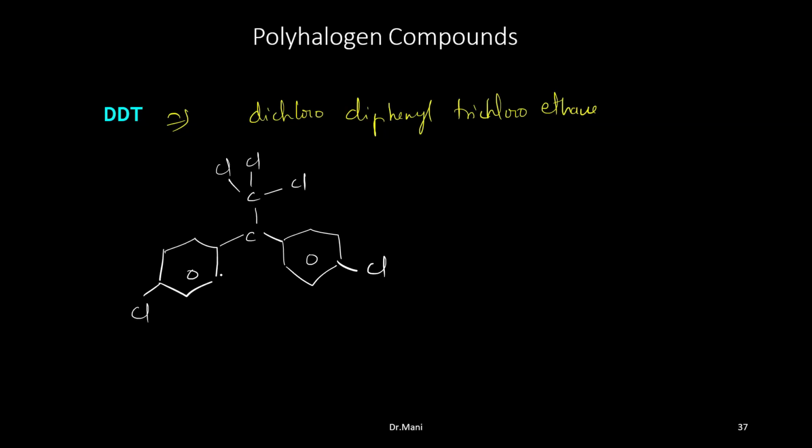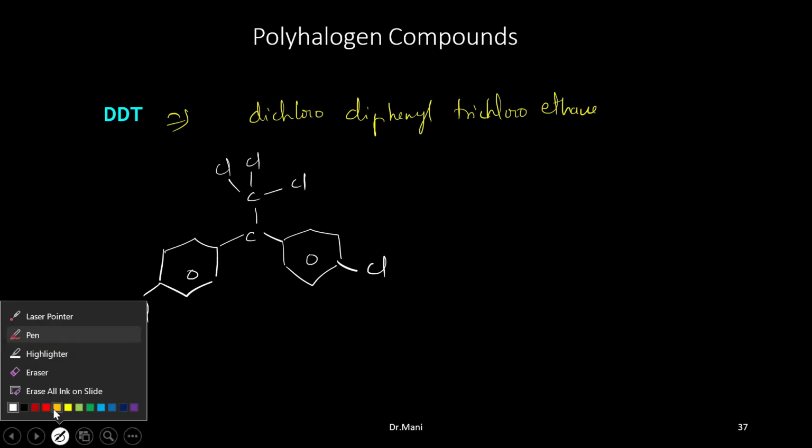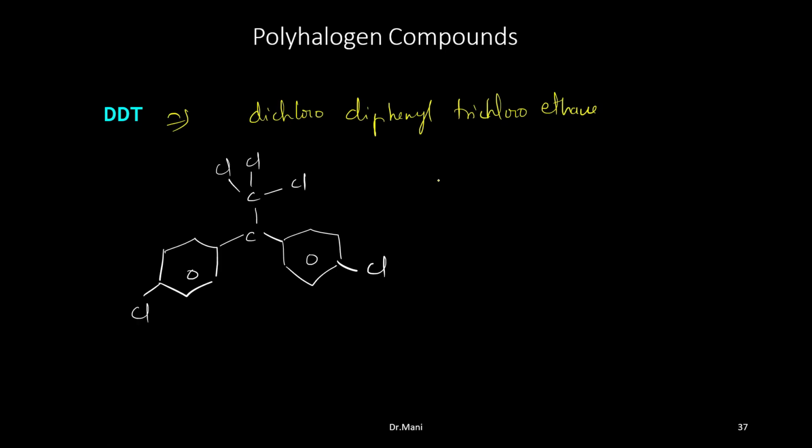So this is a dichloro, diphenyl. You can see here, dichloro, diphenyl, trichloro, ethane. Two carbons are there. Okay, understood how it is called dichloro, diphenyl, trichloro, ethane. It is nothing but C14H9Cl5.